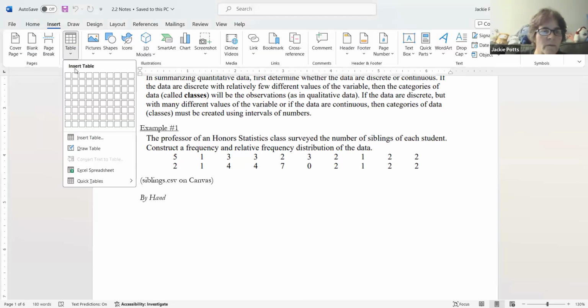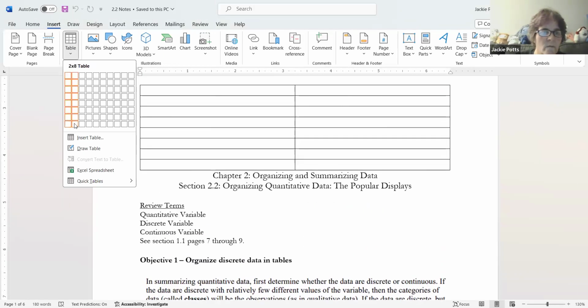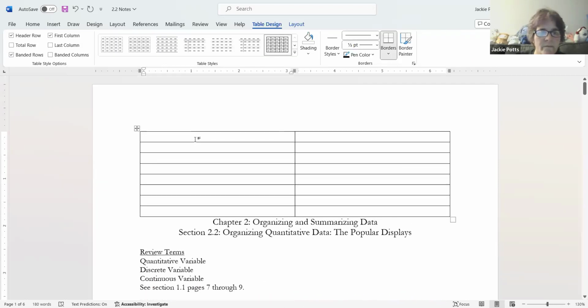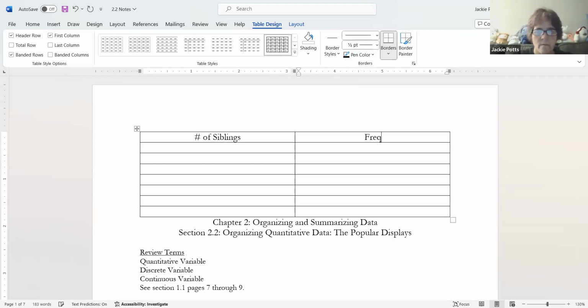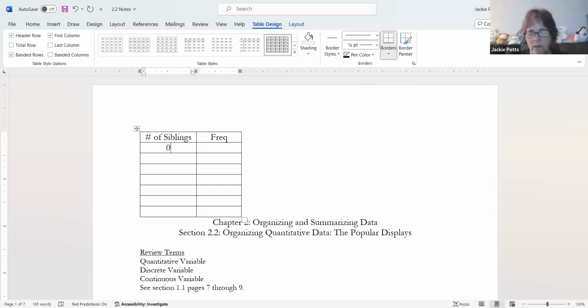Because remember, the 0, 1, 2, forgot, I have to arrow down.